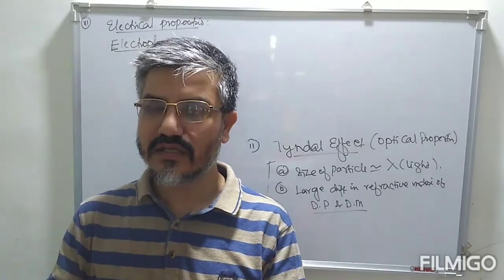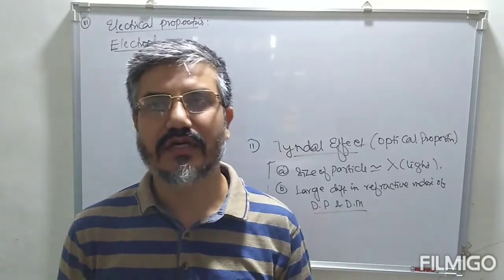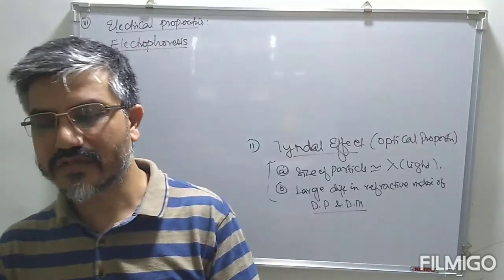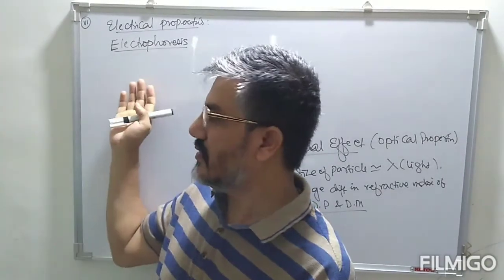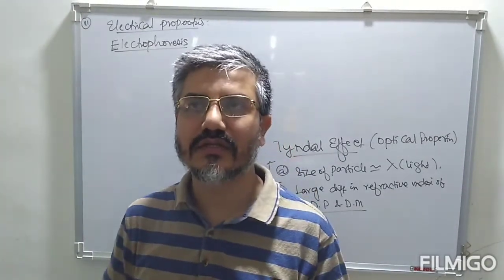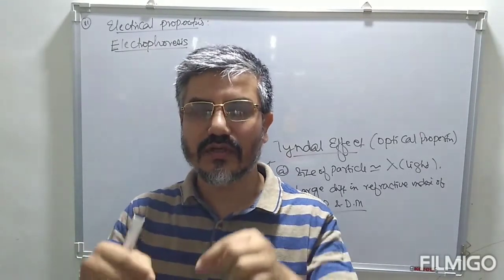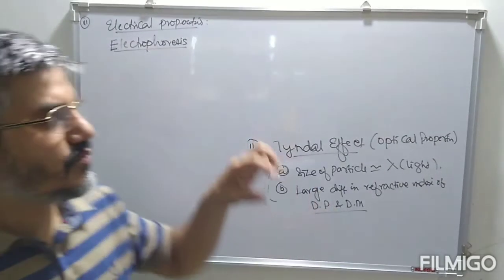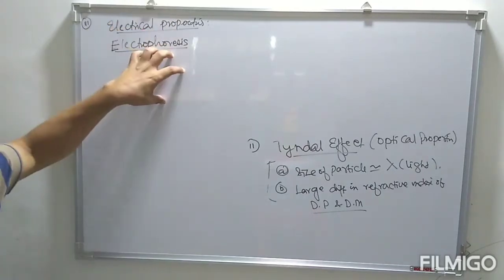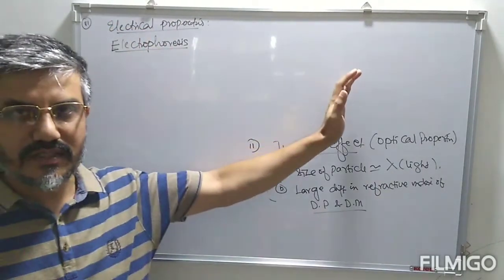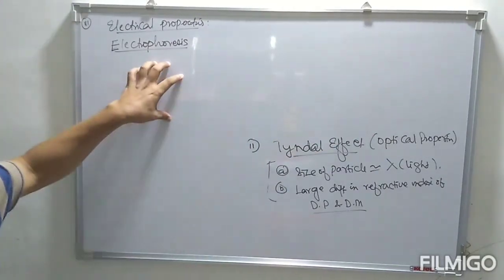If these are cations, then they move towards the cathode. If these are anions, then they move towards the anode. So when an electric potential is applied to a colloidal solution through electrodes, the particles move towards the cathode or the anode depending on the charge of the colloidal particles.